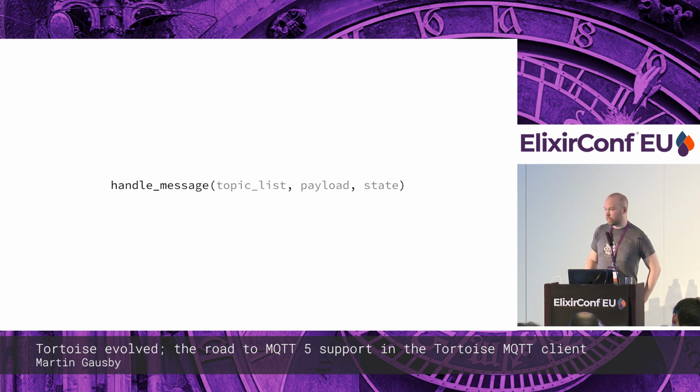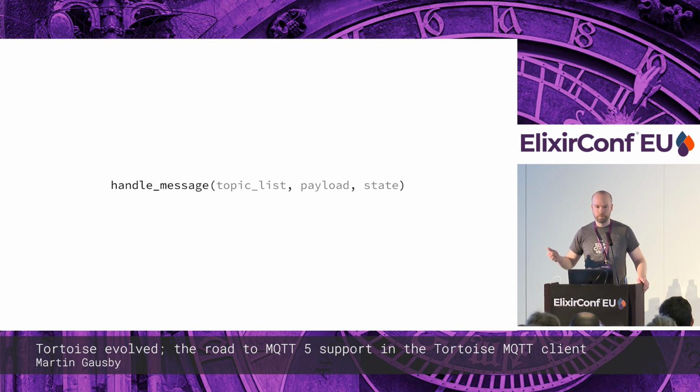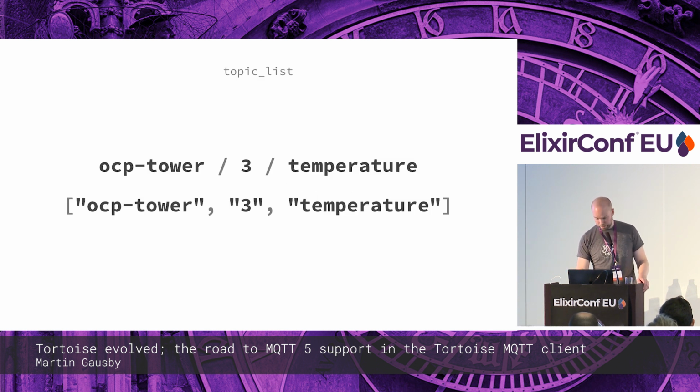So let's look at the handle message. I've written topic list, and what do I mean by that? The thing is that if we received this as a binary, we couldn't in a reasonable manner pattern match on it. We need a better data structure to pattern match on.